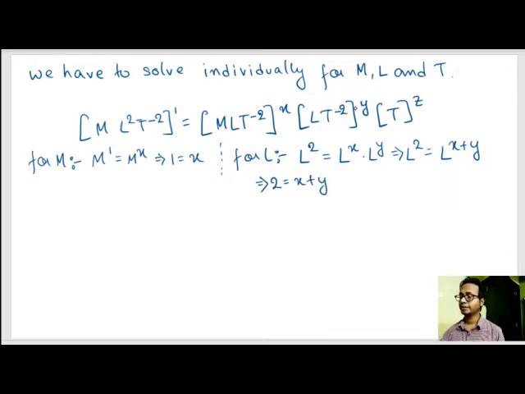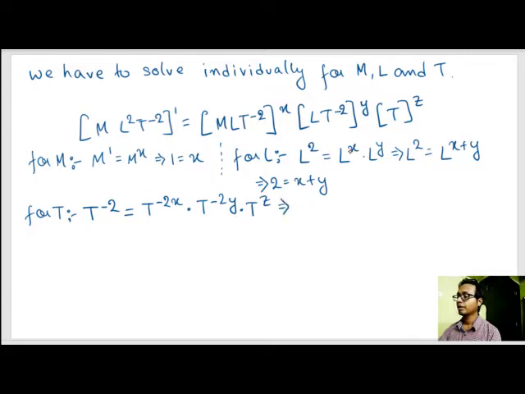Now for T. I won't be repeating this step again, I won't be repeating why L squared is equal to U in the subsequent problems, so understand this in this problem only. T to the power minus 2 is equal to T to the power minus 2x, because when we have a power to the power something, we multiply the powers, into T to the power minus 2y into T to the power z.